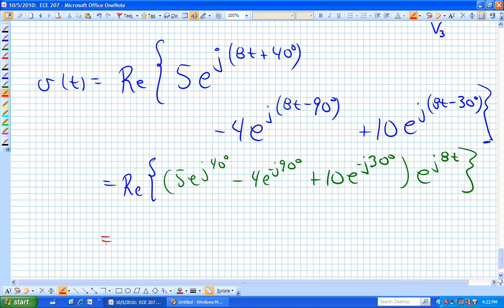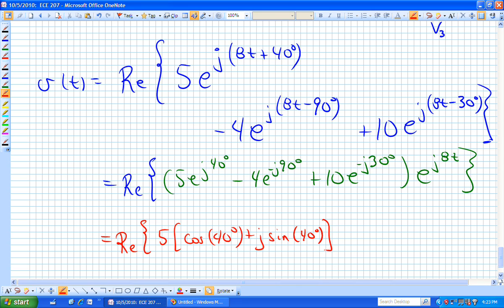I can now use Euler on all of those e to the j's inside the parentheses, meaning this is now the real part of 5 times cosine 40 degrees plus j sine 40 degrees. I'm now expanding inside this real operator because I need to try to combine these vectors.